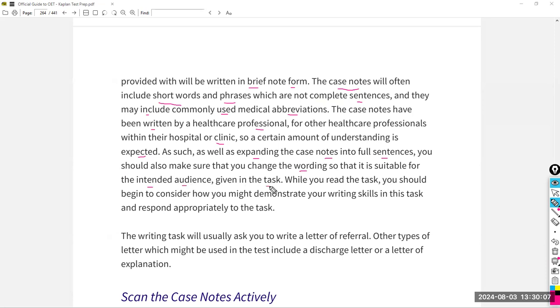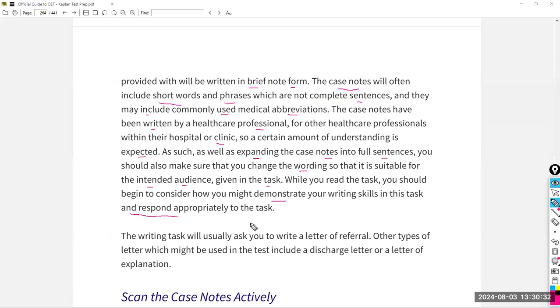Given in the task, while you read the task, you should begin to consider how you might demonstrate your writing skills in this task and respond appropriately to the task. So, as I told you, in the case notes we have phrases, and now I have to use them just to write complete sentences. Don't copy paste, please. This is really bad.